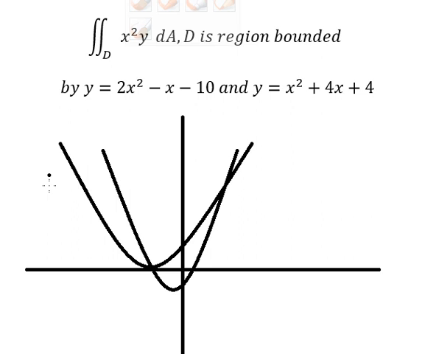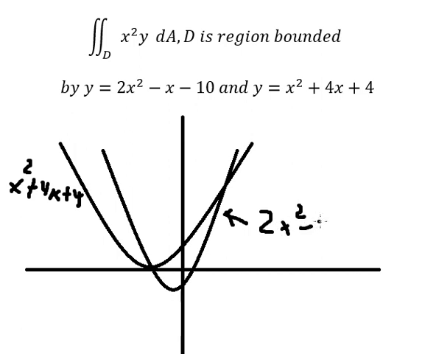This one is about x squared plus 4x plus number 4. This one is about 2x squared minus x minus number 10.